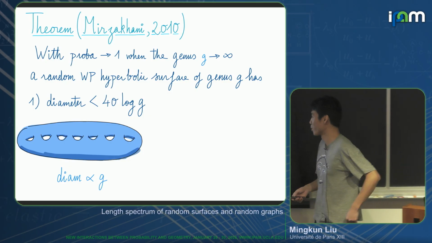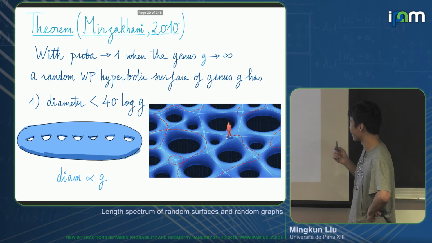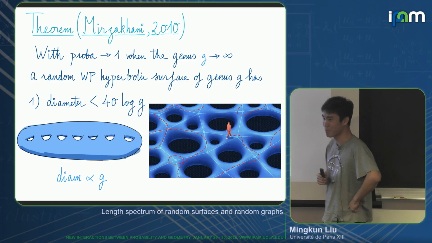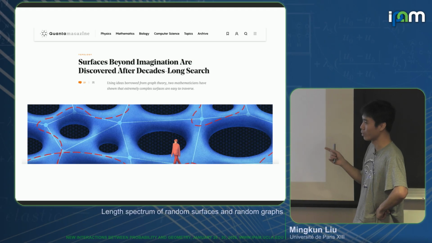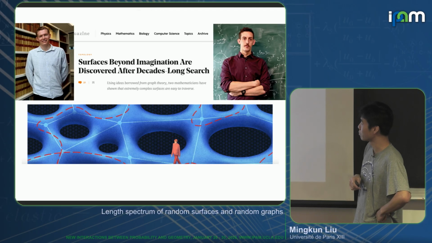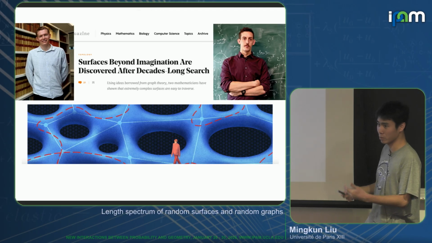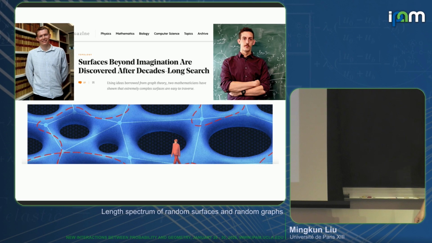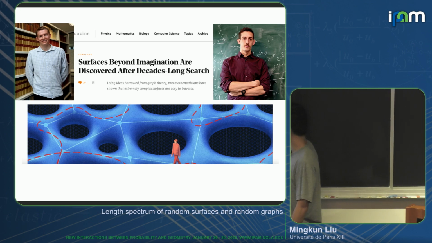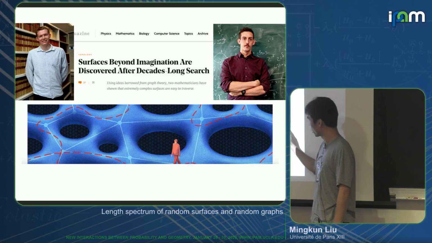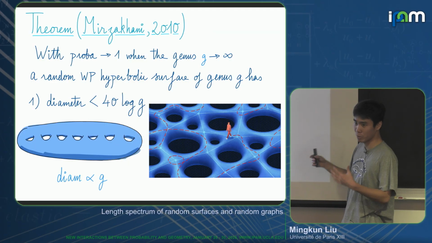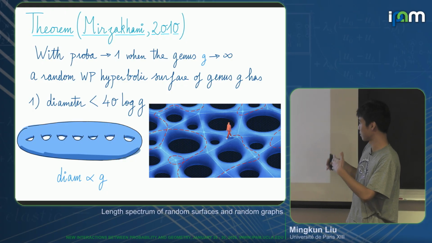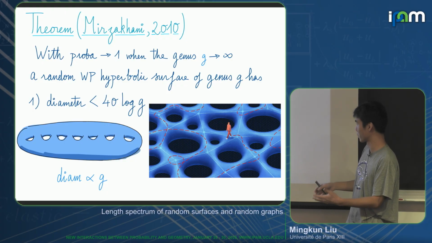But it turns out I'm not the only naive person in the world, because here is a very pretty picture that I found in an article in Quanta magazine, reporting the work of Will Hide and Michael Magee on a very similar topic. It is also a random hyperbolic surface with large genus, but with a different model. They put this picture at the very beginning of the article, and I think it is supposed to represent a random hyperbolic surface of large genus.